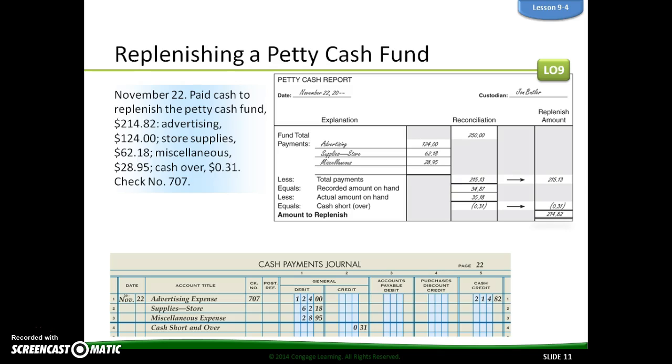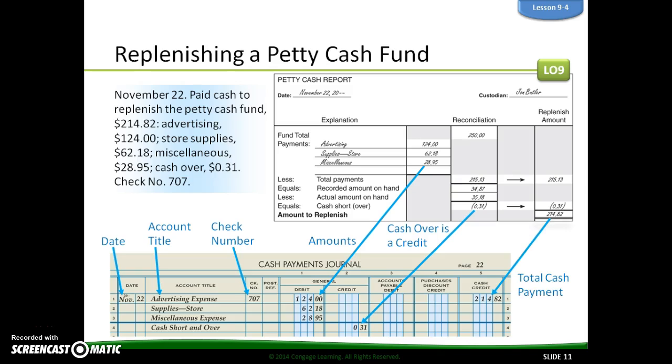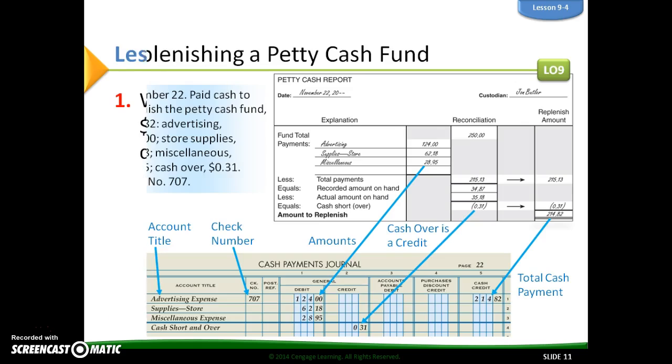You can see that the amount I'm going to credit to cash is actually $214.82. I'll tell you, it's very common for your petty cash to be over and short.